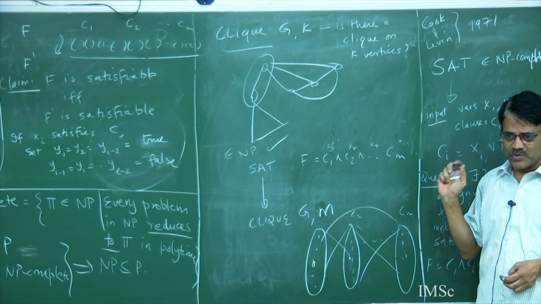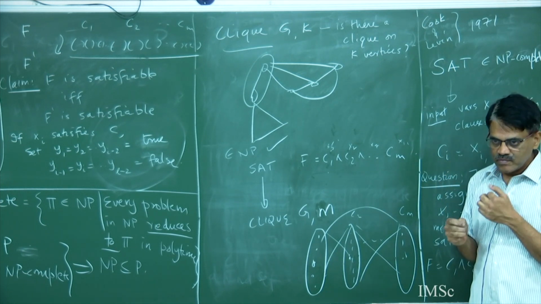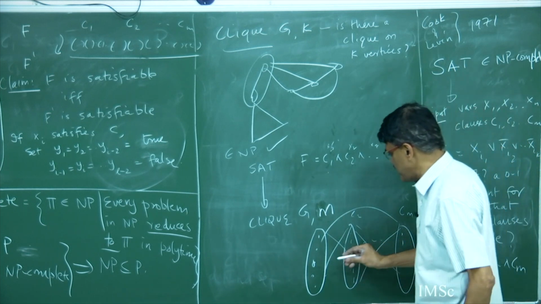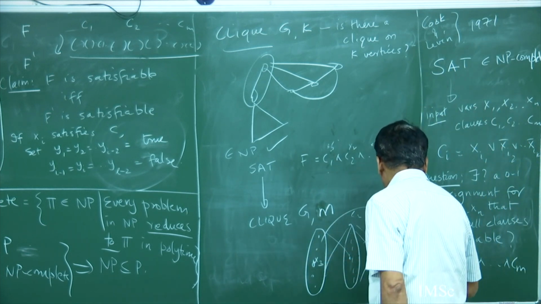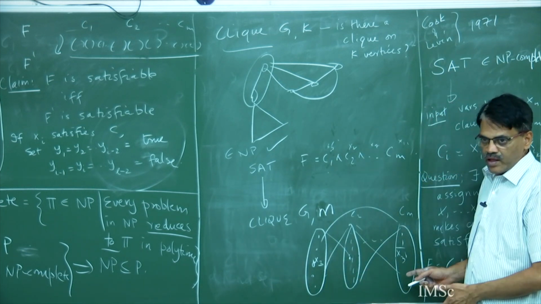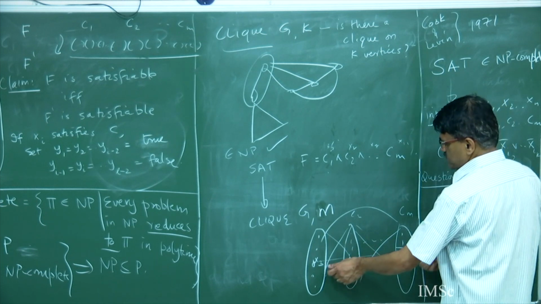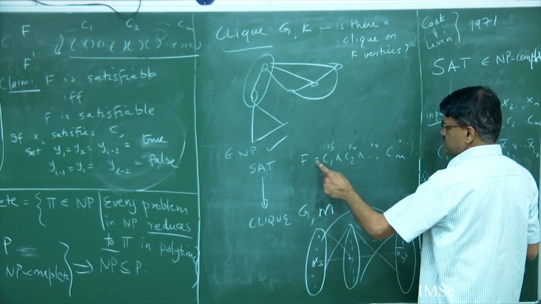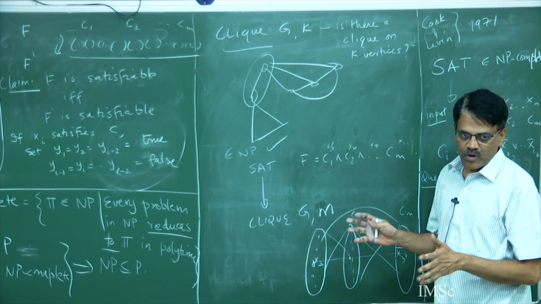Will it always give a corresponding satisfying assignment? Where will be a problem? If I pick x3 here for my M clique and it turns out I picked x3 bar here, and then I say hey, here is an M clique, the corresponding assignment, this will say set x3 to true and this will say set x3 to false, and you have a problem.